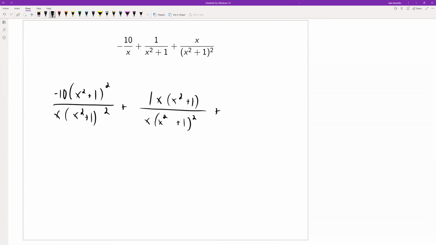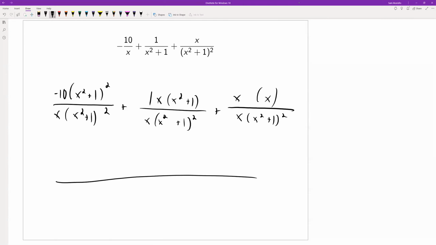And in the third fraction, we have got two x squared plus 1s. We are only missing an x. Therefore, we would just say that the entire thing is x times (x squared plus 1) squared, and then we would have all of these other numerators added together.